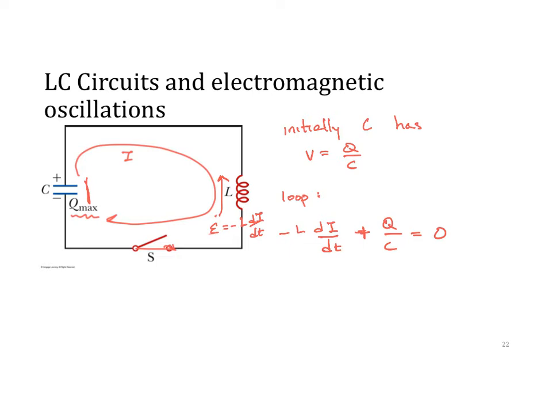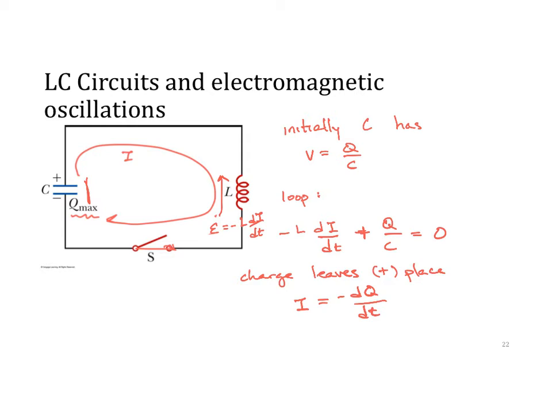All right, so our charge leaves the positive plate to produce a current. Since our charge is leaving that positive plate, our current we can write as the loss of charge from that positive plate, so a negative dq/dt.